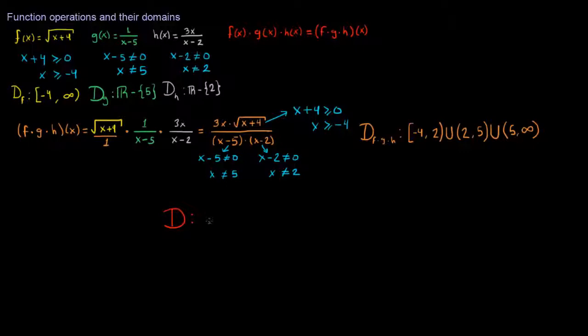The domain will be the same one: from -4 to 2, union 2 until 5, closing with parentheses, then union 5 to positive infinity, and that will be it. This is another example of function operations and their domain.